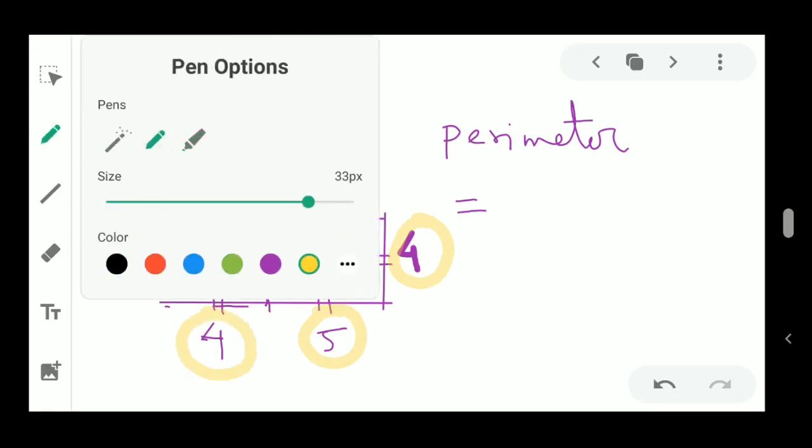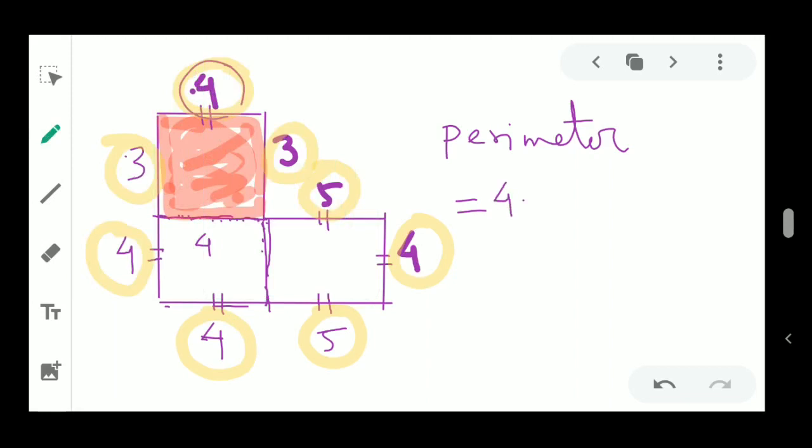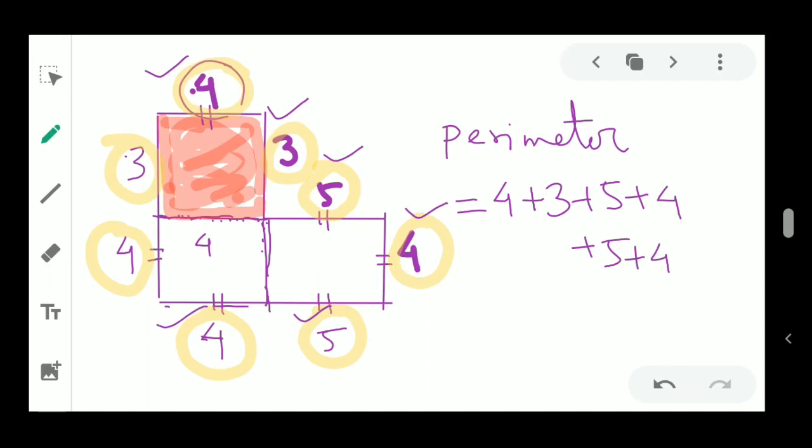So what will be my answer? 4 plus 3 plus 5 plus 4 plus 5 plus 4 plus 4 plus 3. So what will be the result? That will be your perimeter, right?